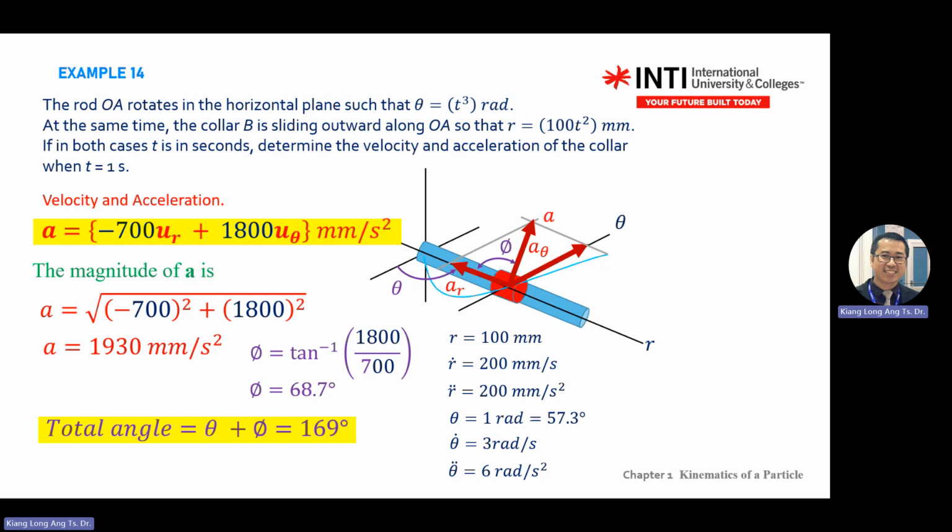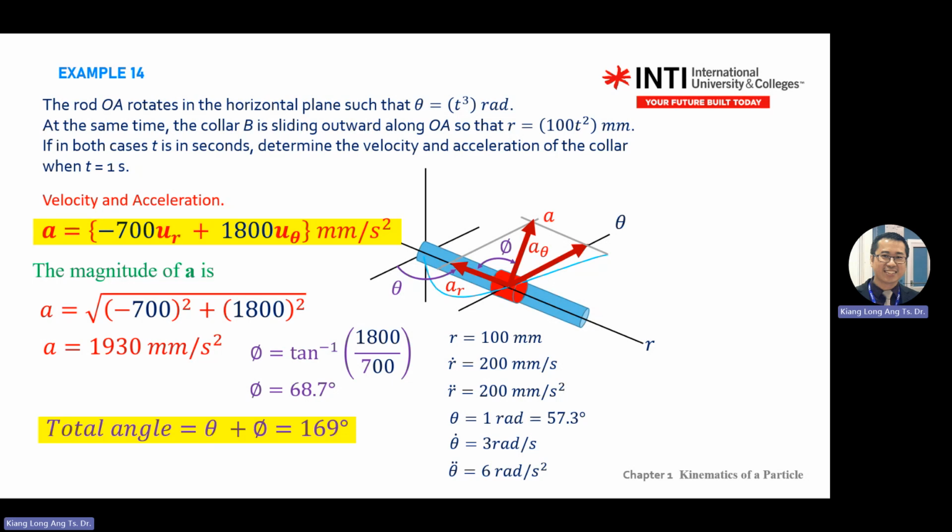This here is 68.7, right? So before it starts swinging, your acceleration magnitude is already pointing at 68.7 degrees acceleration angle. So when you swing, you adjust your axis like that.